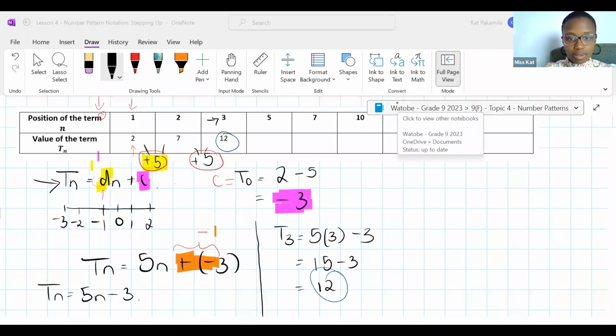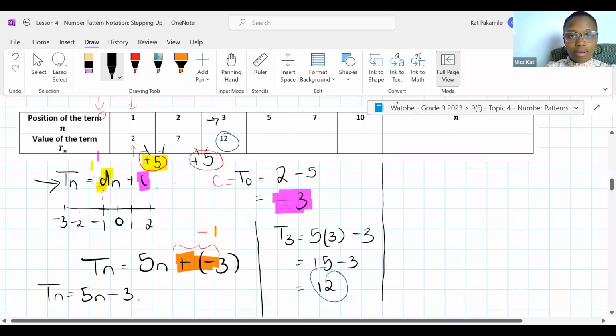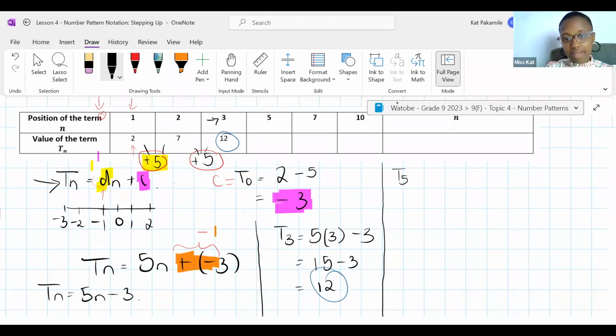It is T5 equals... no, it's T5 equals... Okay, wait, look on the board. You first have to say T5, so you tell me where you're working. Term number 5 equals, and then you substitute.